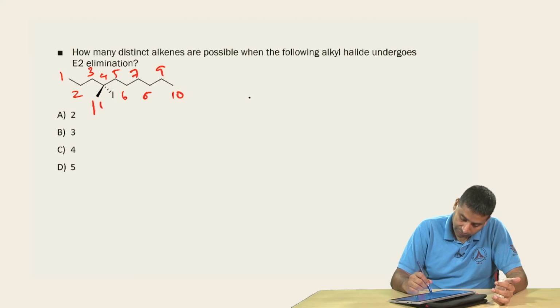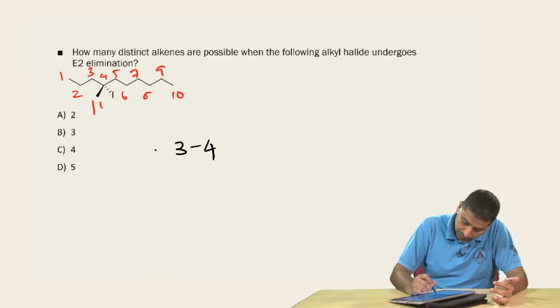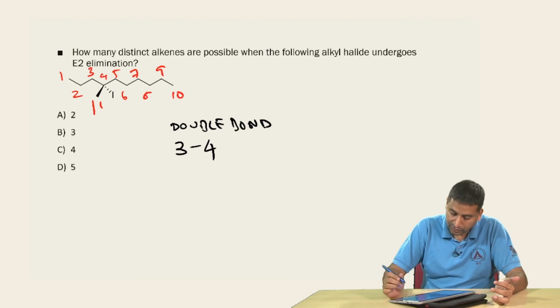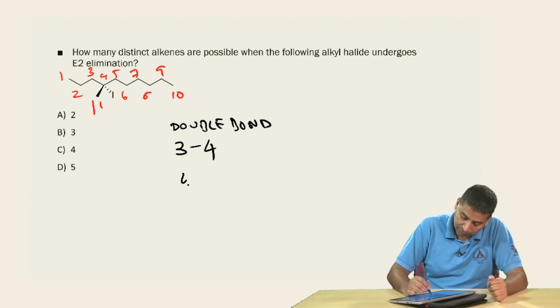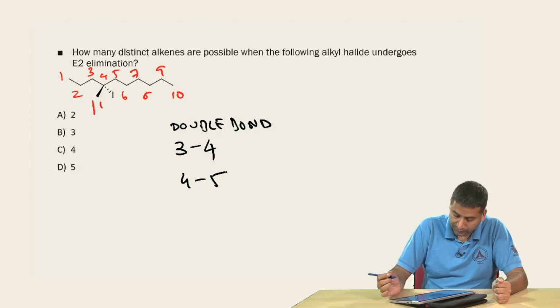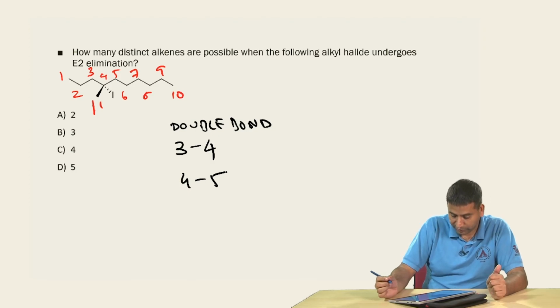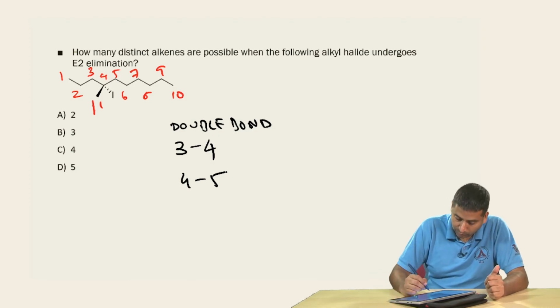The hydrogen on carbon 3 can undergo elimination. So, you will end up with a double bond between 3 and 4. So, this is definitely one possibility. You could have a double bond between 4 and 5, that is the second possibility, and there could be a double bond between carbon 4 and carbon 11.